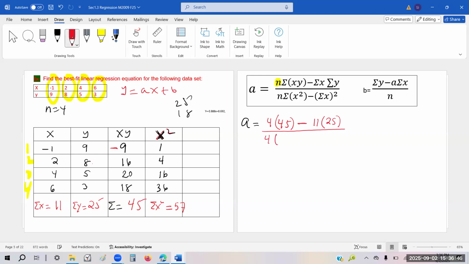And this time you're multiplying sum of x squared. How much is sum of x squared? 57. And now finally it says, take sum of x and square the quantity. So what is sum of x? 11. So square the 11.